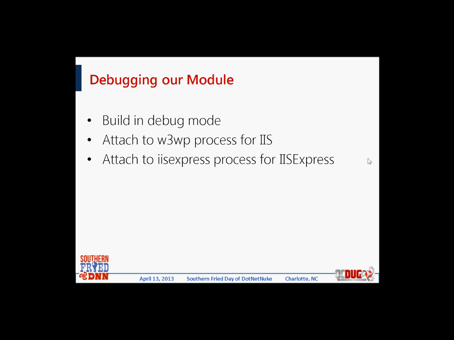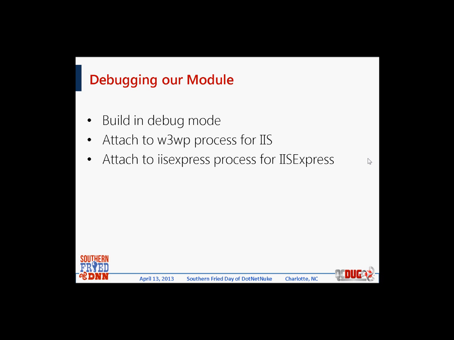And I covered this in detail in my previous videos, so if you want to refer back to those, you could do that. But the basics of it is you build your module in debug mode, which should overwrite the DLL in the DNN bin folder with the debug version of that DLL. And then in Visual Studio, you'll go to debug, attach to process.